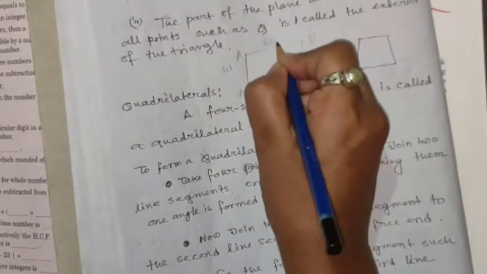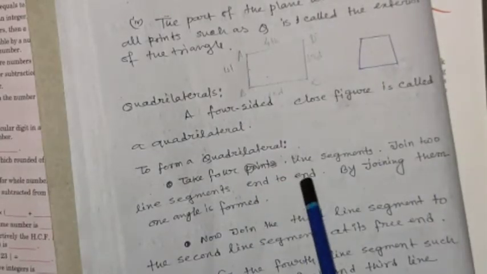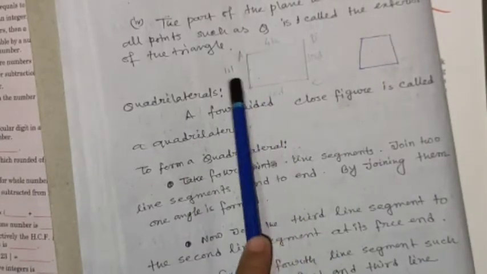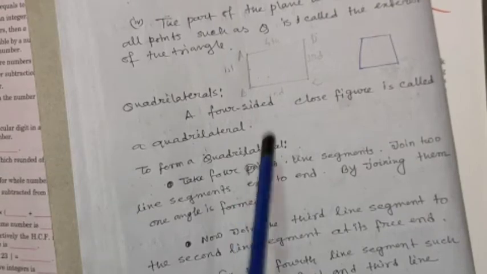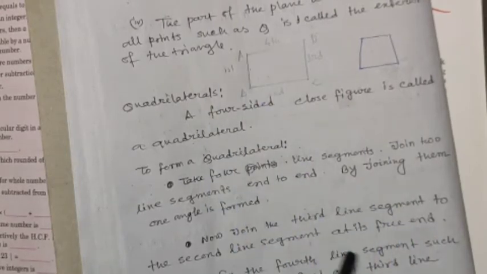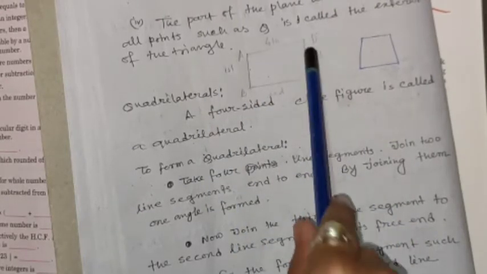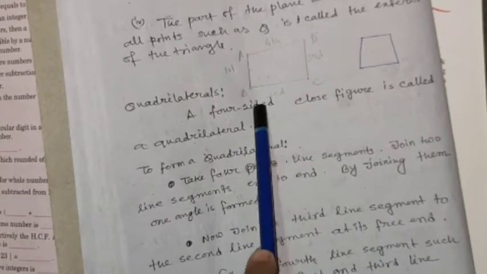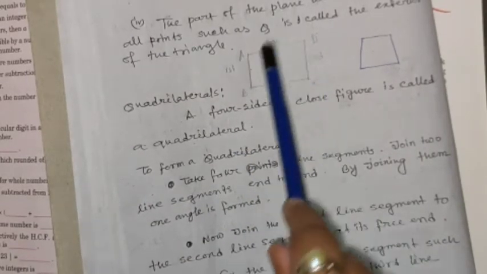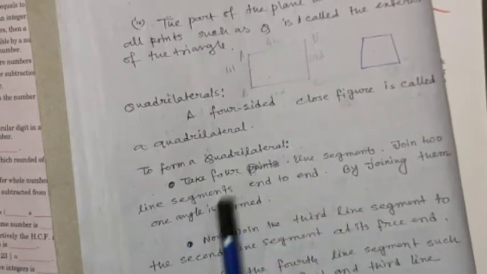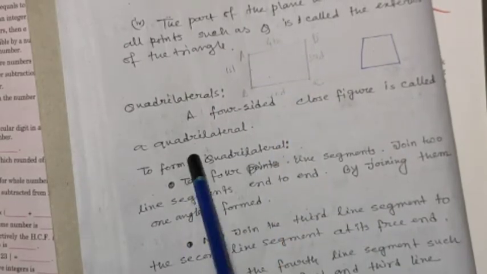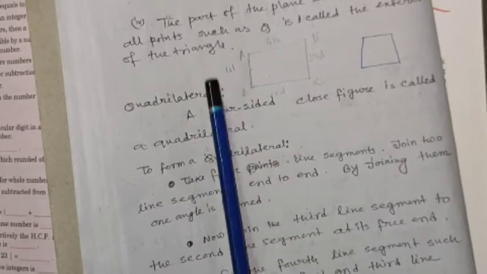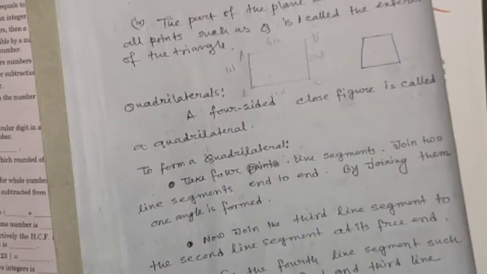So first we draw two line segments and join them end to end. Now we draw the third line segment joining the second at the open end. Now draw the fourth line segment which joins the first and third line segments. Okay, so this is how you can draw a quadrilateral.